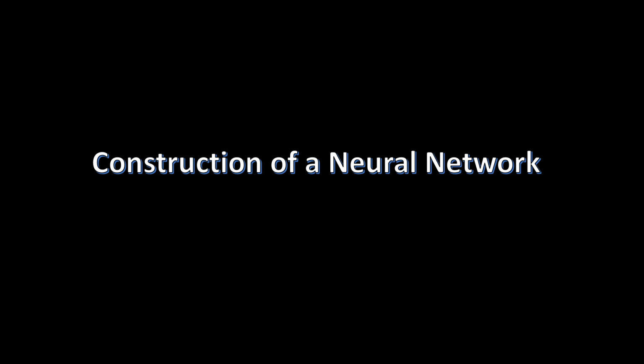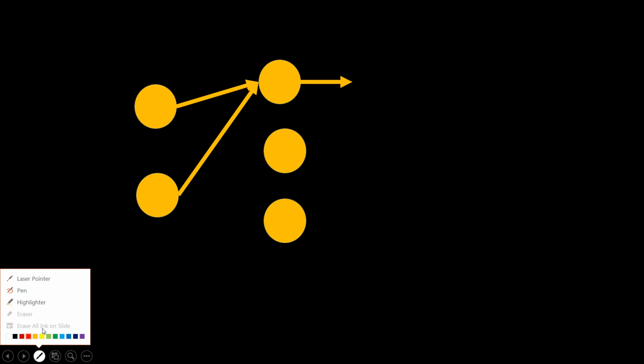That said, now that we have seen the basic structure of a neuron, how can we construct a neural network from that neuron? Any neural network will have a number of neurons, and each neuron will have that basic computation unit which we discussed a few slides ago. Let me take a pen. Say for this neuron, it will take input from the previous neuron.